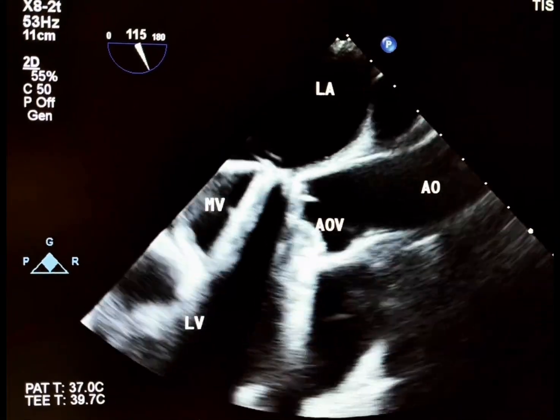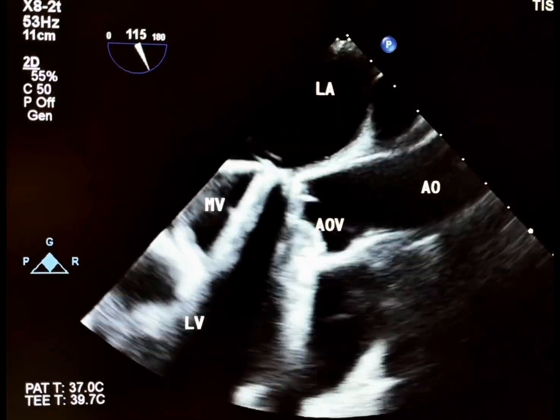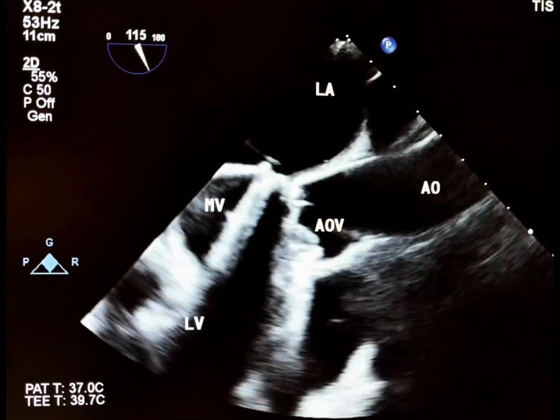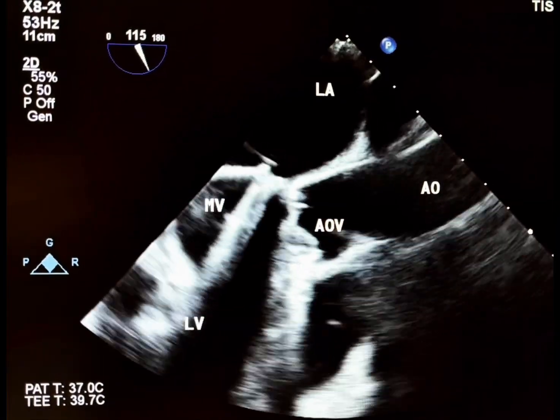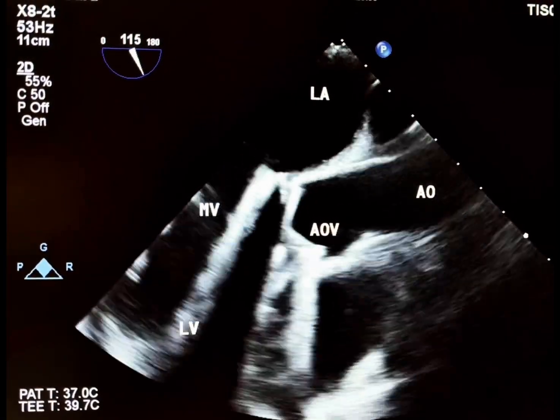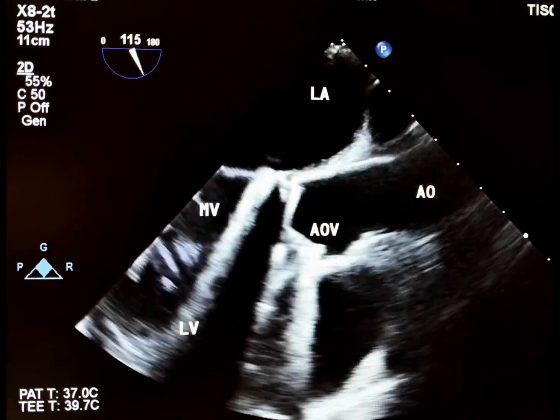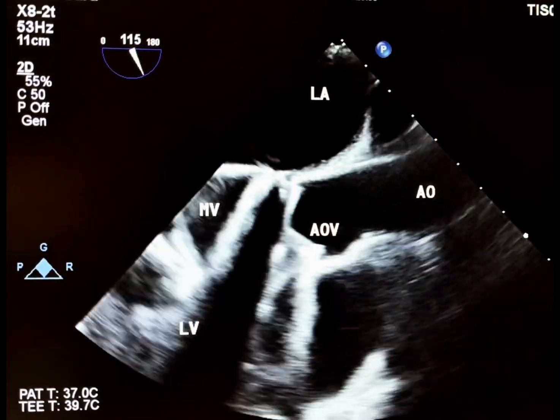Indexed effective orifice area is the key, calculated by dividing the measured effective orifice area by the patient's body surface area. If indexed effective orifice area is more than 0.85 cm²/m², there is no significant PPM.